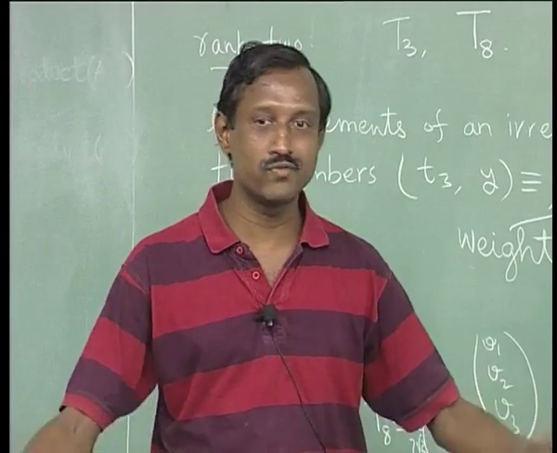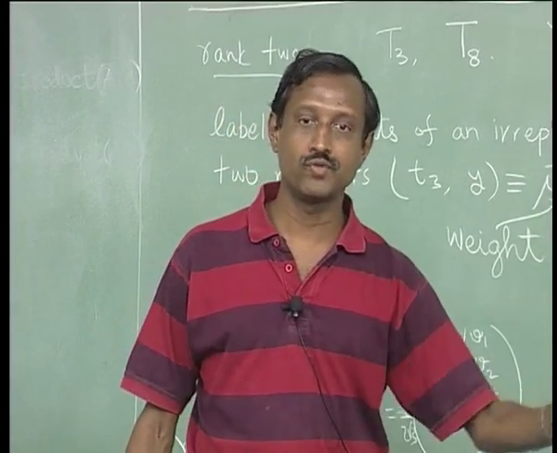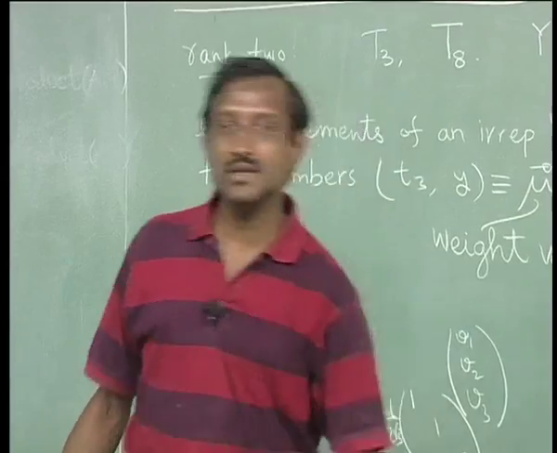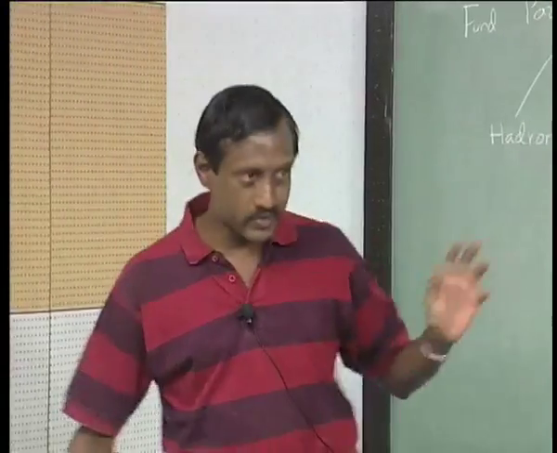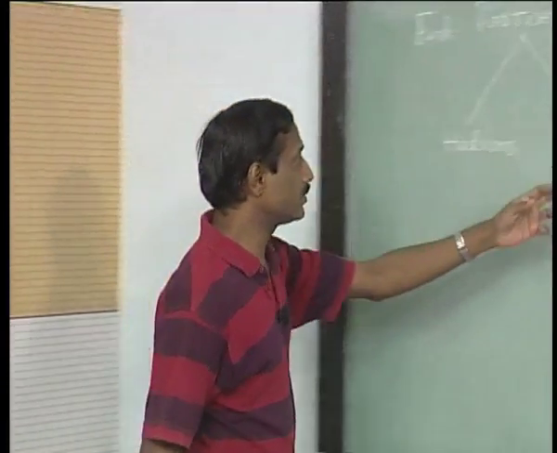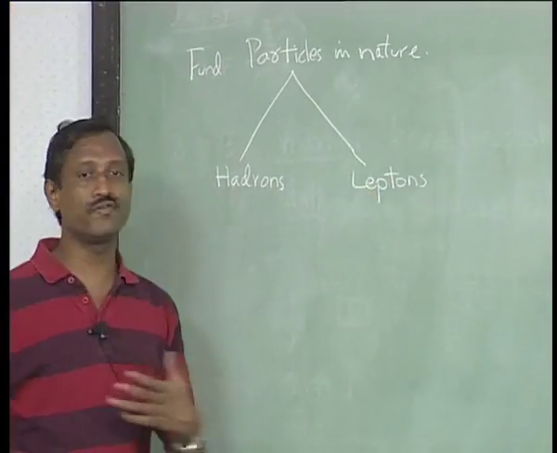The exchange of them gives you various forces in nature. So when I say particles, I mean things which are constructed from fermions. Okay. So the leptons do not feel what is called the strong force. This is what keeps the nucleus together.